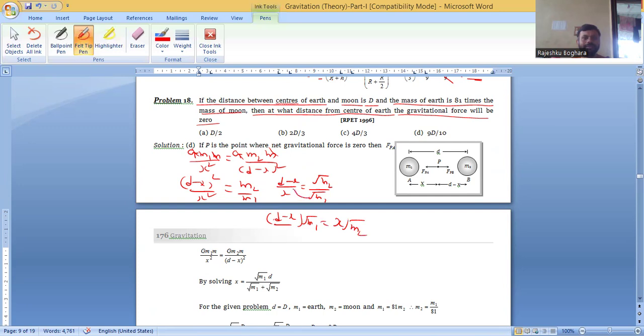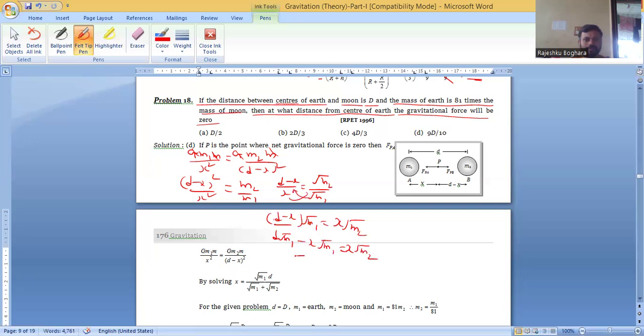Now x find करना है, तो d into root m1 minus x into root m1 equals x into root m2.